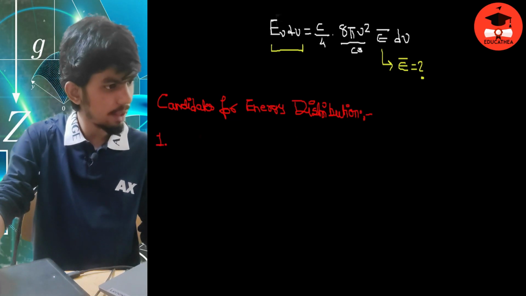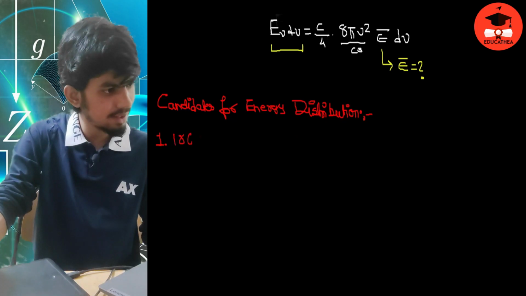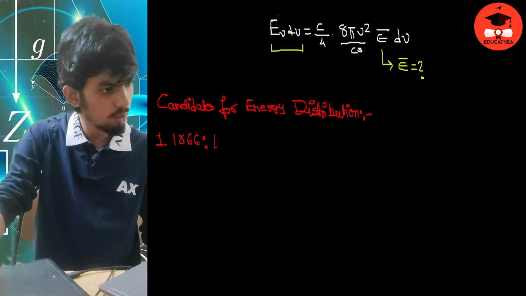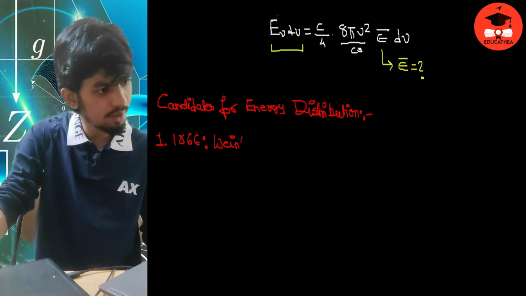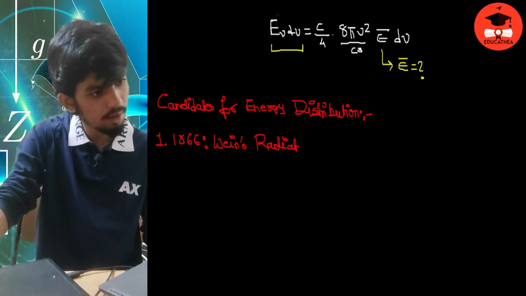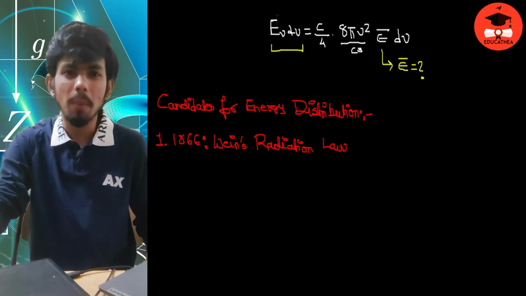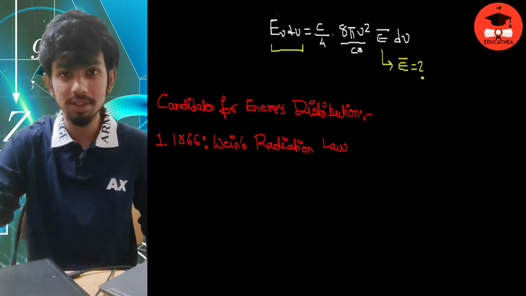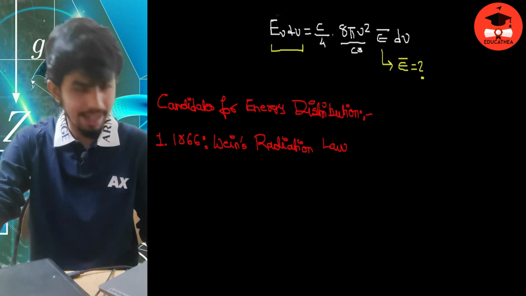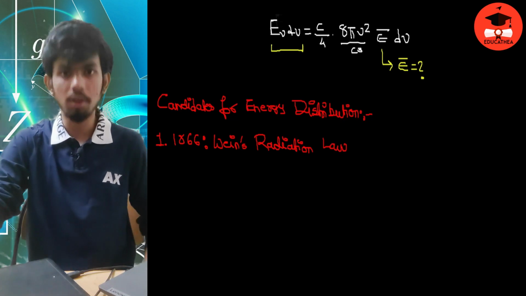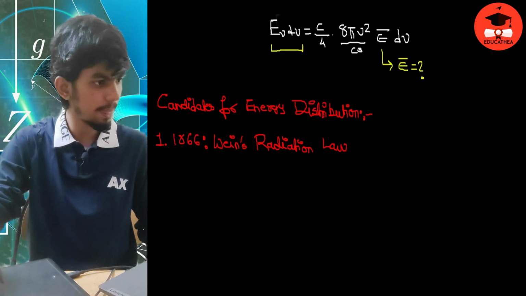Number one, in 1866, it was Wien who gave his famous Wien's radiation law, which gave us an initial idea about what epsilon bar might look like. So this was the very first idea which someone gave about epsilon bar. Now, this had some errors in it, so it was not recognized after some time.